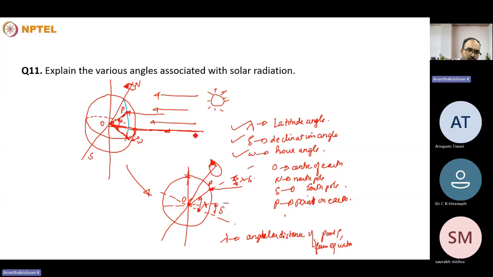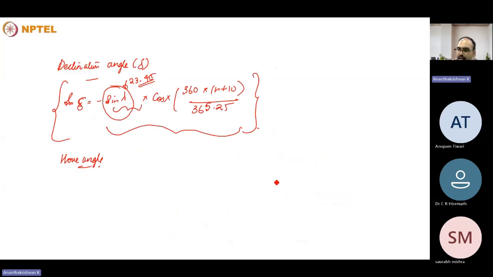So this OP will be projected onto the equatorial plane like this. And then depending upon the time of the day, the solar radiation will be moving around this equatorial plane. So the angle between these 2 lines, this line will be fixed and this line will be varying. So at any point, this hour angle will be given. It varies from 0 to 360 degrees. So this is our hour angle.